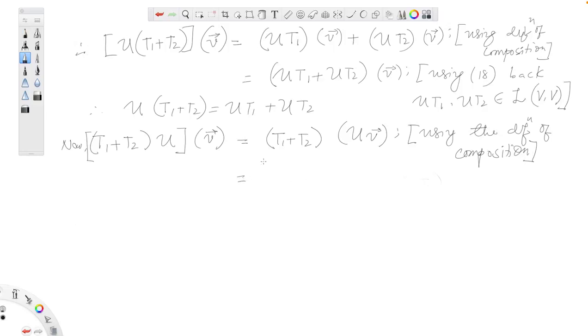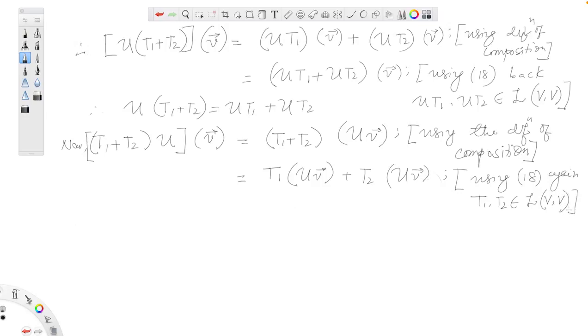Okay, and U v is just a vector in the vector space V, and this is going to be T1 U v plus T2 U v, using 18 again, where T1 and T2 are in L(V, V), linear operators on the vector space V. We are just adding these two linear operators in the vector space L(V, V) using equation number 18.